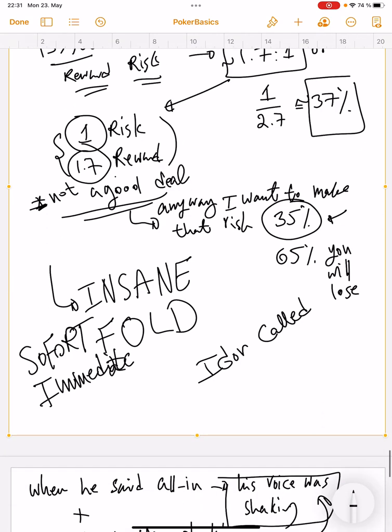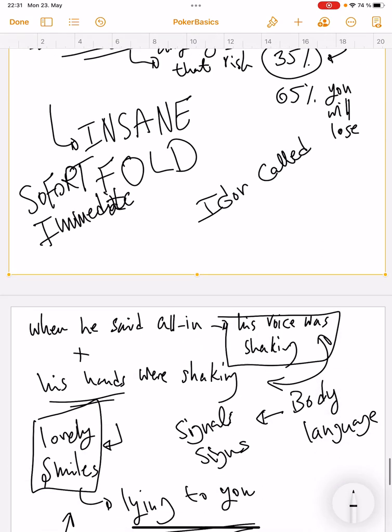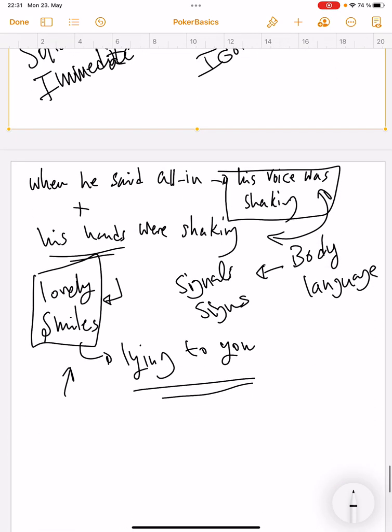So mathematically it's very insane to call, but Igor anyway calls, and the reason is because he absorbs every piece of information when sitting at the poker table. He says his voice was shaking, his hands were shaking, and he gave me also a lovely smile when I said something to him.